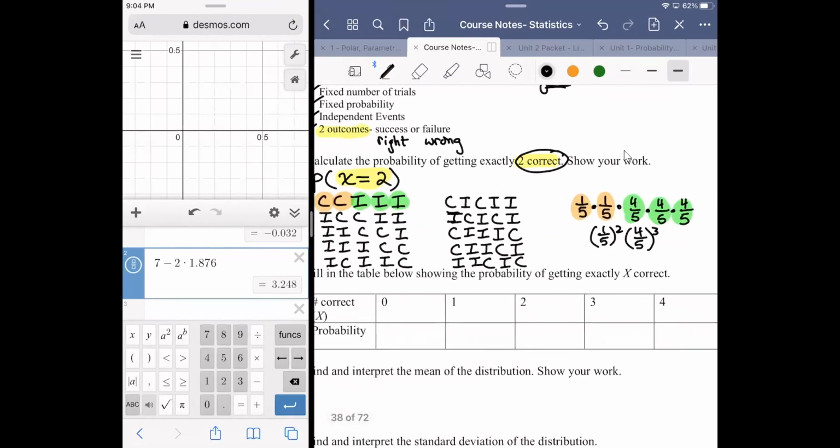And no matter which case you take, if you wanted to, you can go look at the 8th case, for example. You see that we still have 2 corrects and 3 incorrects. It's going to amount to the same stuff.